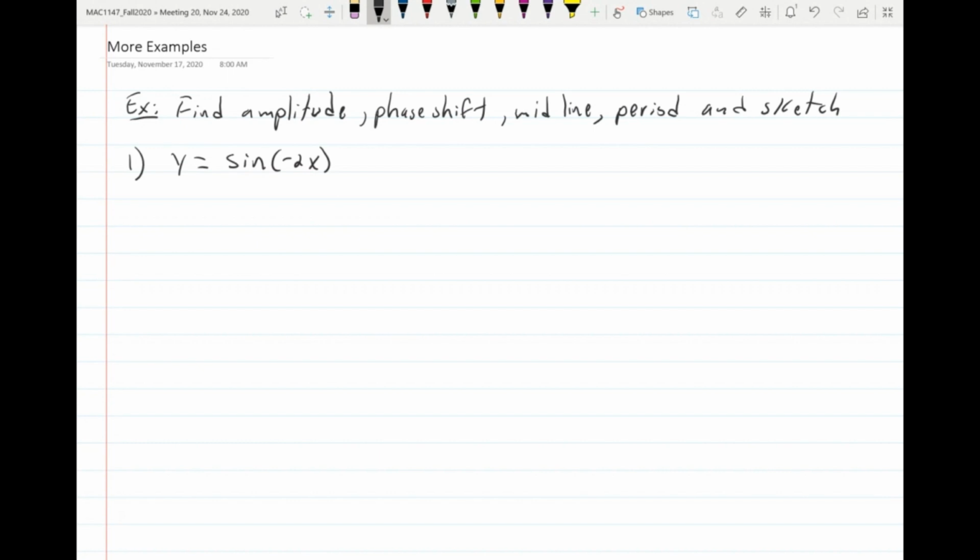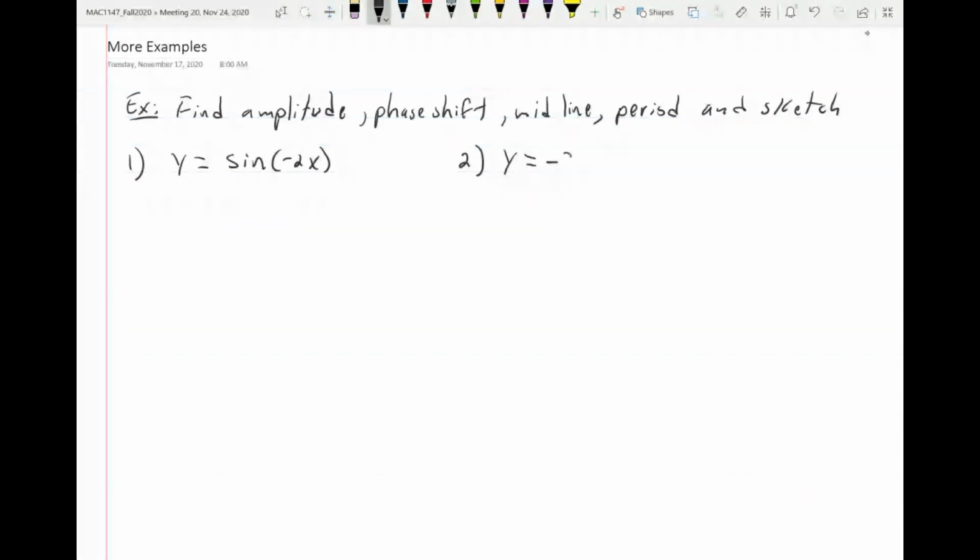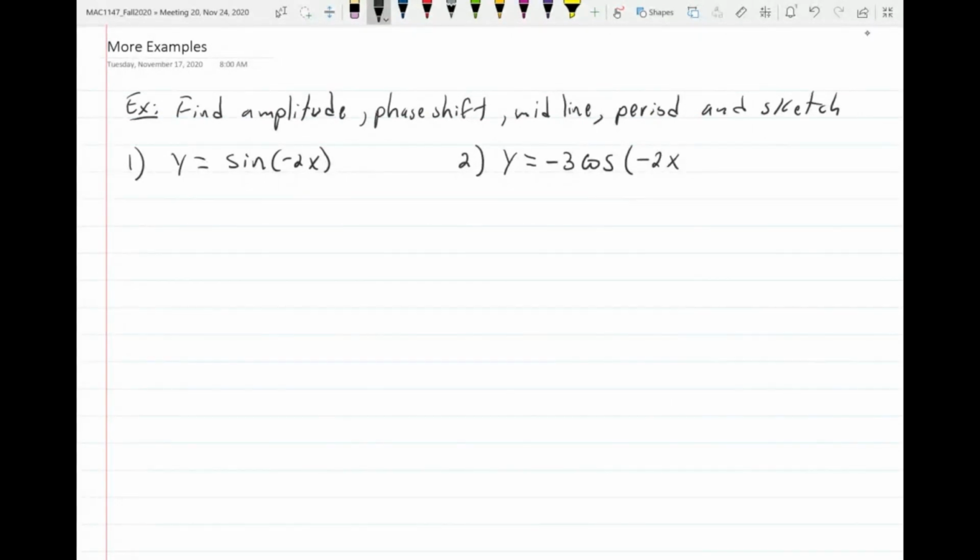Then after that, we're gonna do a second one. Then let's do y equals, let's see, negative 3 cosine of negative 2x plus pi.